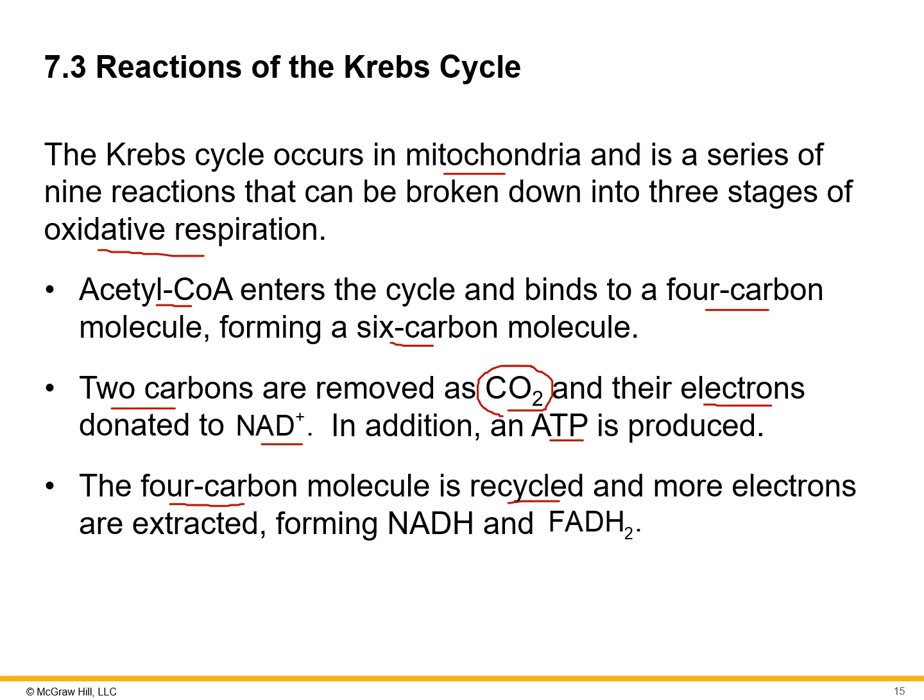Essentially, it gets recycled back to the original 4-carbon molecule that was there at the beginning. But during that recycling process, more electrons come off, so more oxidation, and then NAD picks up some, and FAD picks up others. FAD works pretty well the same way. It's just an electron carrier. It picks up electrons and gives them to something else.